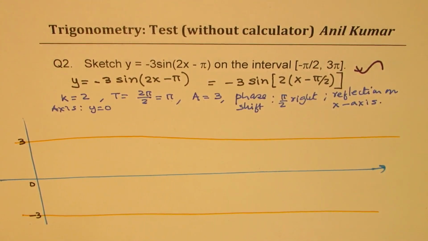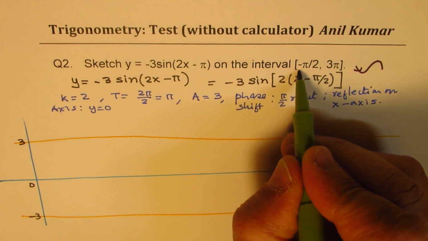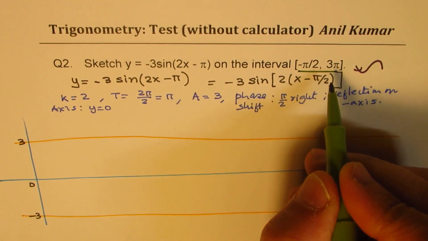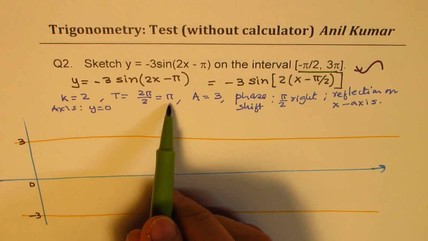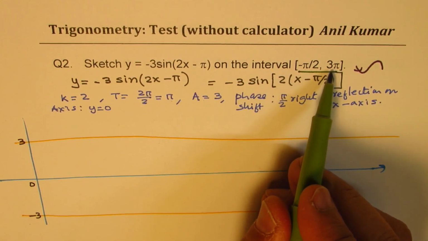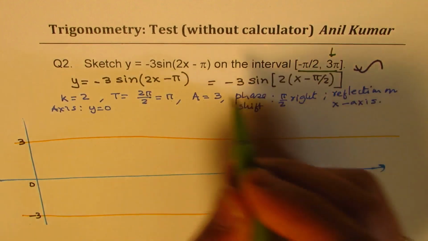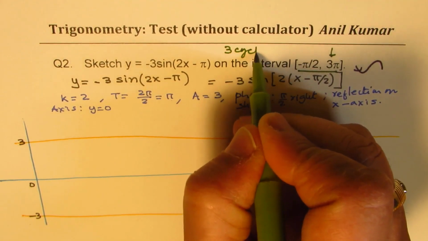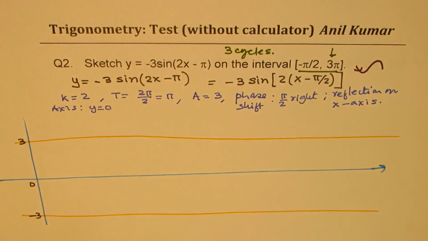Now, we need to sketch in the interval from minus pi by 2 to 3 pi. Since the time period is pi, we are looking for 3 cycles, right? So that means 3 cycles. Correct?